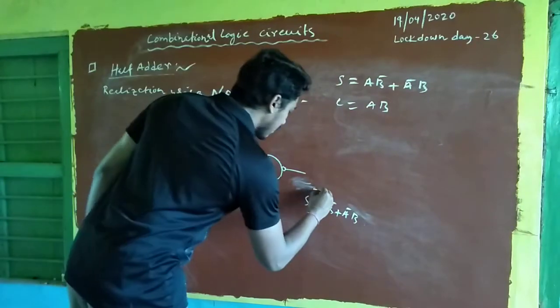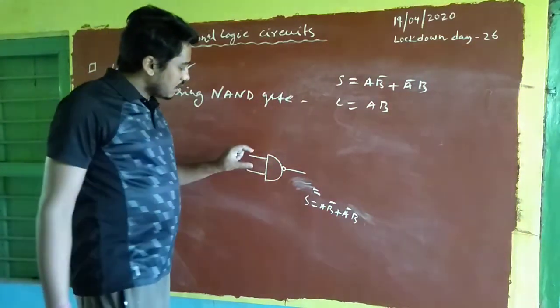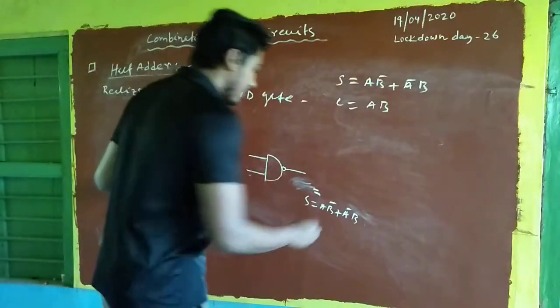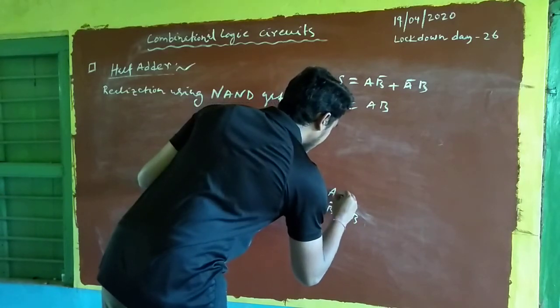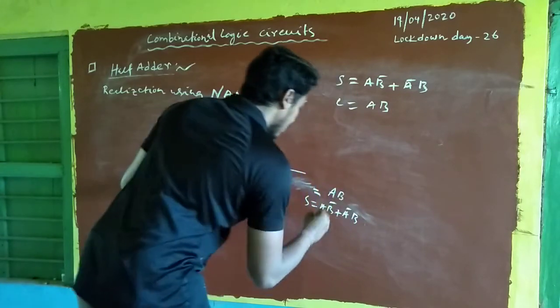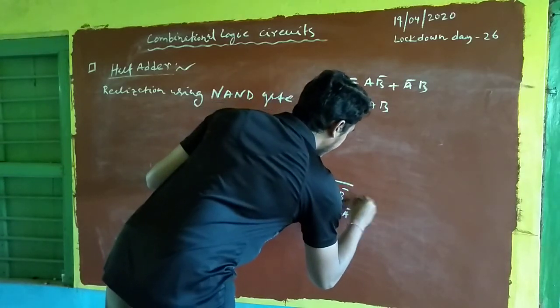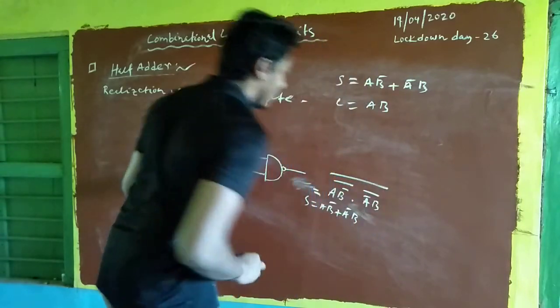Now this expression we have to write in terms of NAND output. NAND output means the product of these two inputs, complemented. So this can be written as A B bar whole bar into A bar B whole bar.